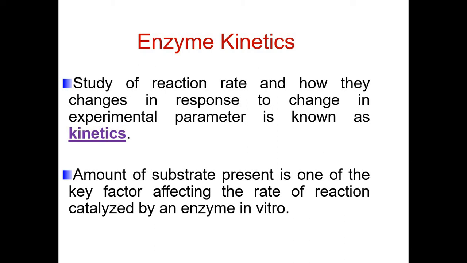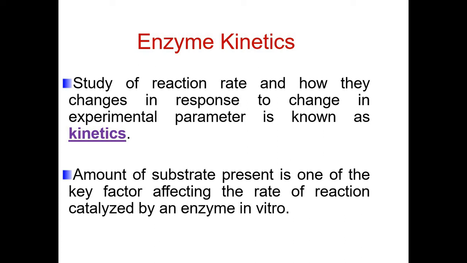Next, let's have the enzyme kinetics. From the word kinetics, it's based on rate. Enzyme kinetics is the study of reaction rate and how they change in response to change in experimental parameter, and this is what we call kinetics.